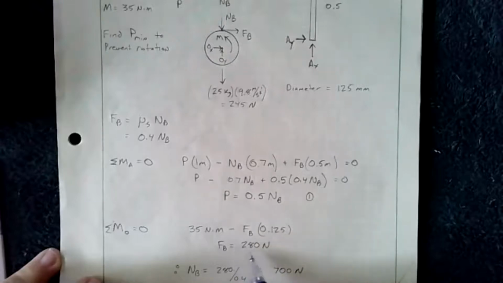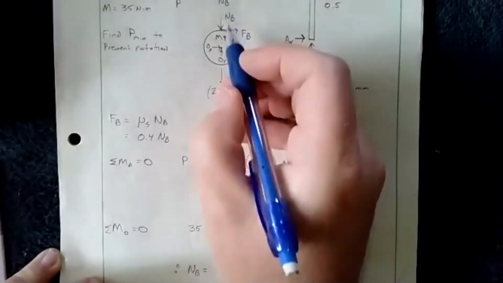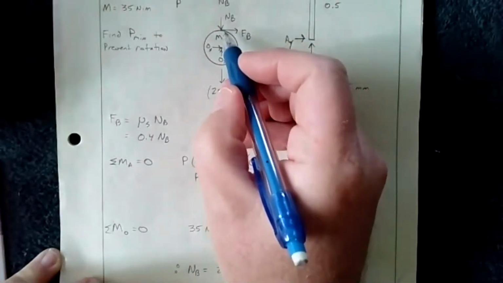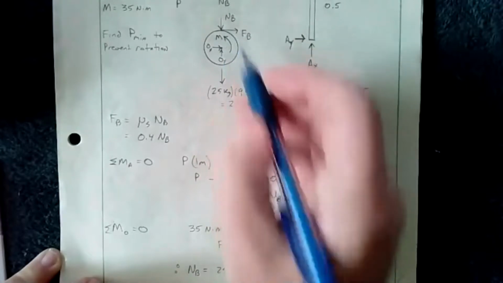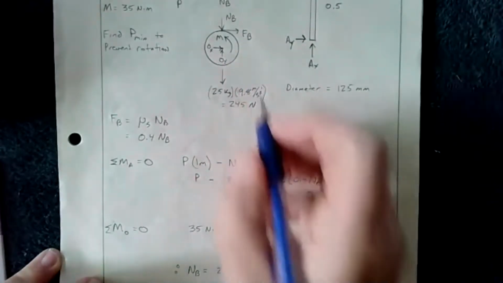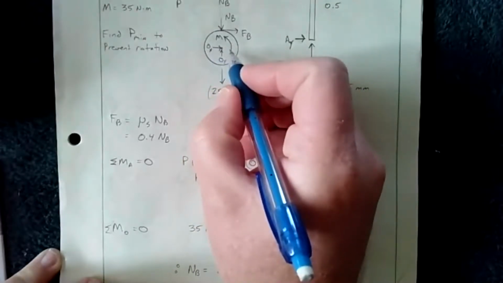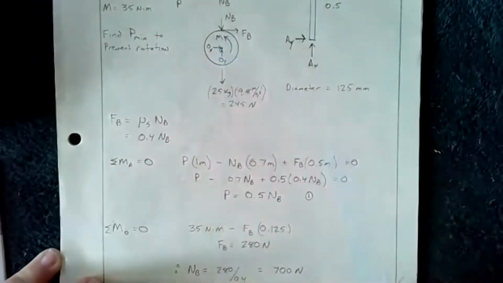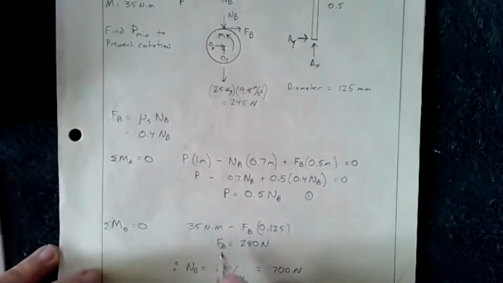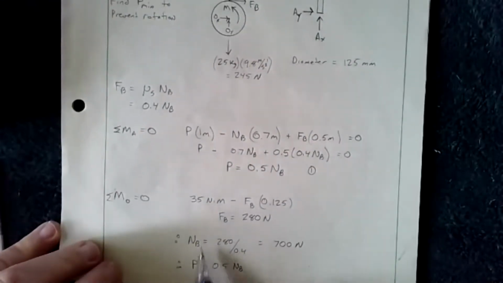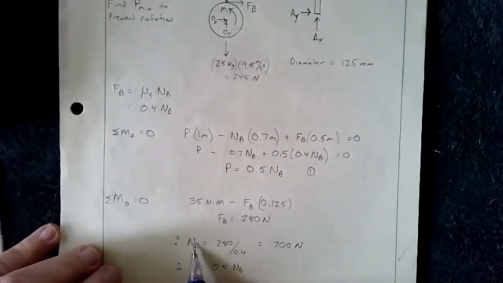So in order for this to not move, and it wouldn't matter if it was friction or just a rope attached here, it would take 280 newtons to prevent a 35 newton meter torque from spinning this.